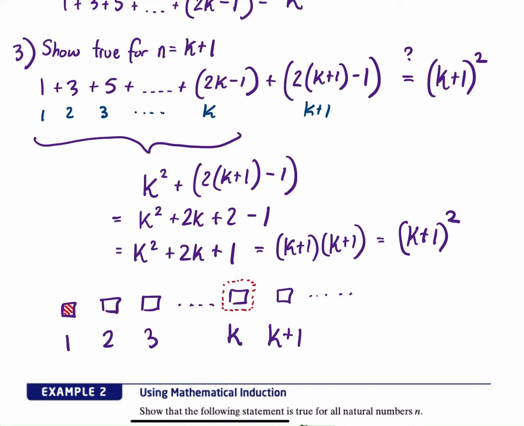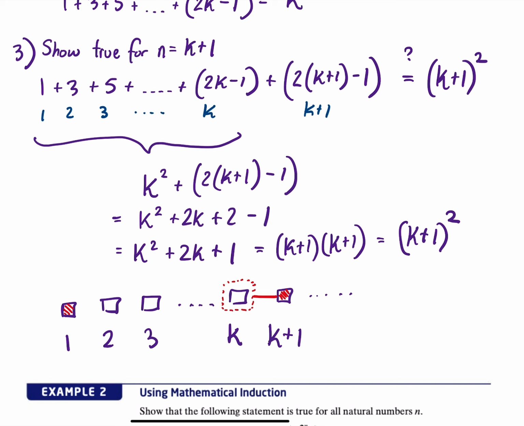But what we showed in part 3 is that if we assume the previous term is true, then mathematically it works out that the next term, if we go to k plus 1, is also true. We ended up with k plus 1 squared. So that means, assuming that k is true, we've shown that k plus 1 is true. So it kind of turns on the next unit in a way, like a string of lights.